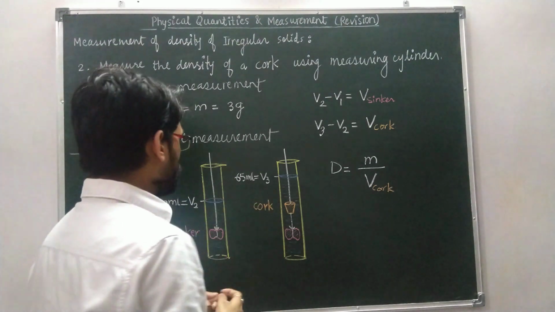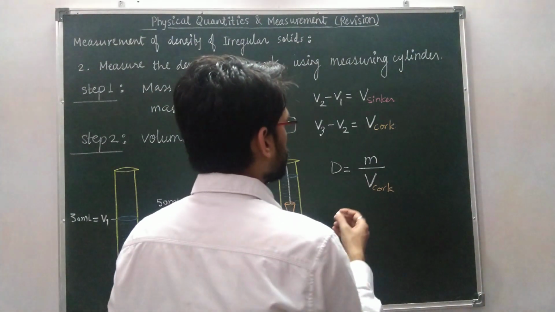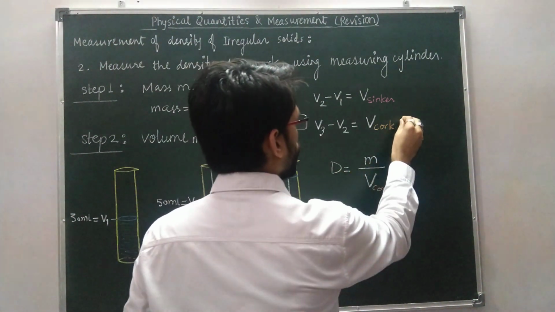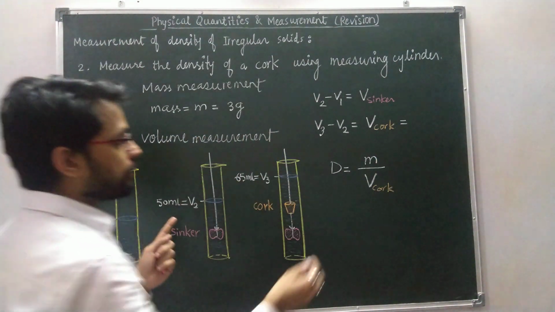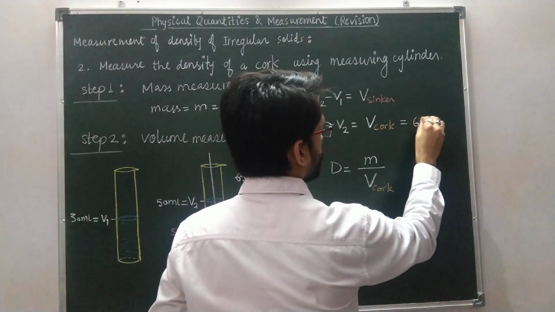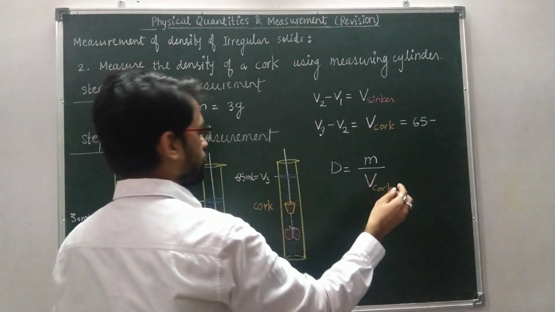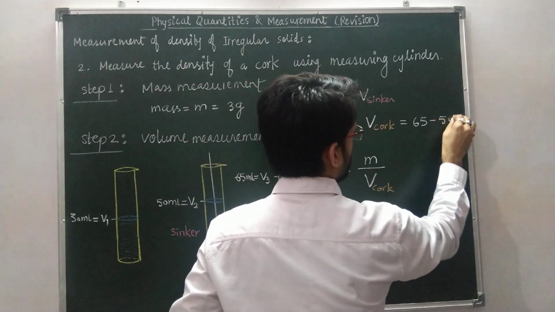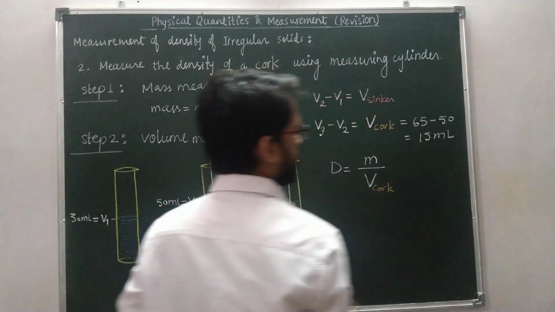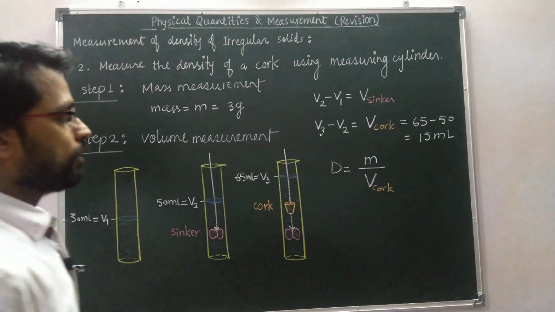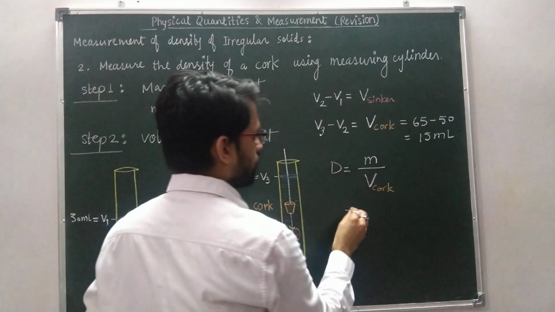Then the volume of the cork is 65 minus 50, which is equal to 15 ml. Now put the values.